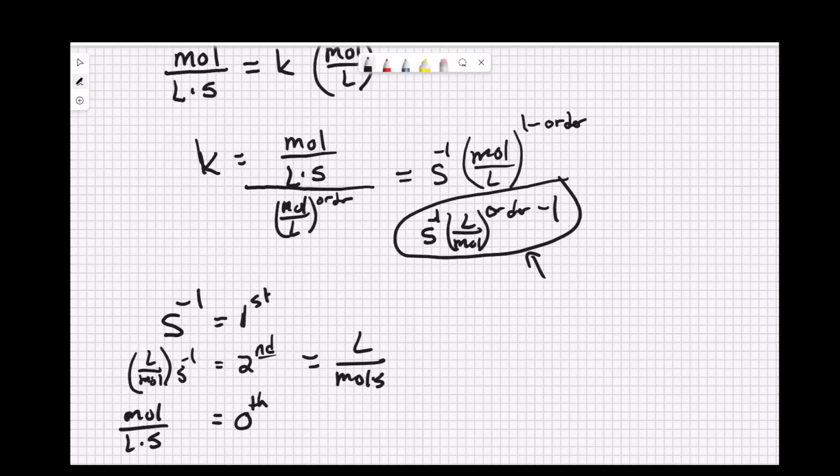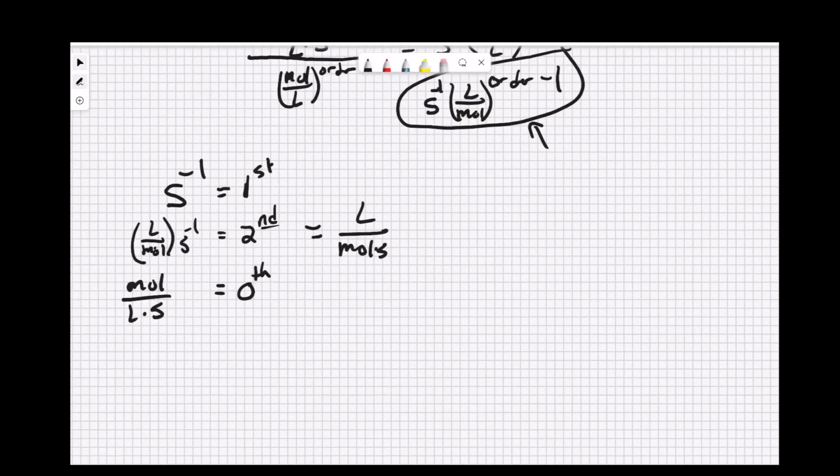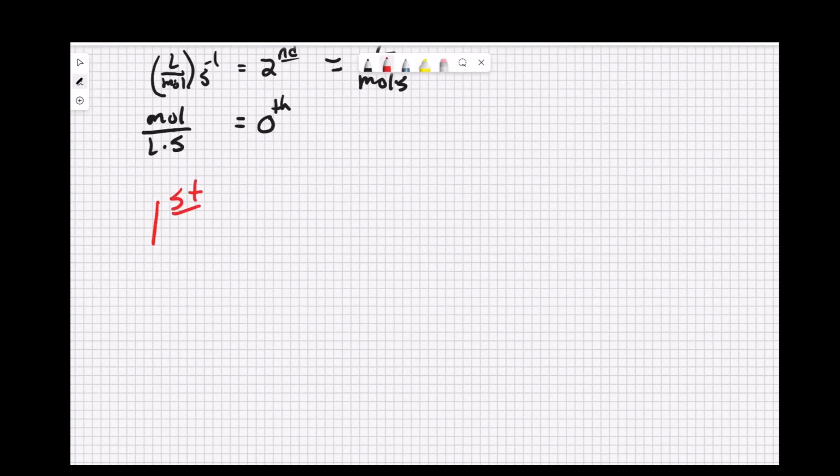Once we have those orders, we have concentration versus time relationships for those orders, right? For first order, we have that the concentration of A at time t is equal to the concentration of A at time 0, e to the minus kt.